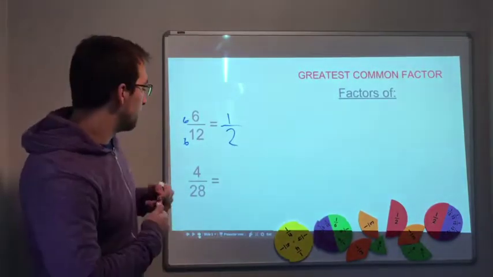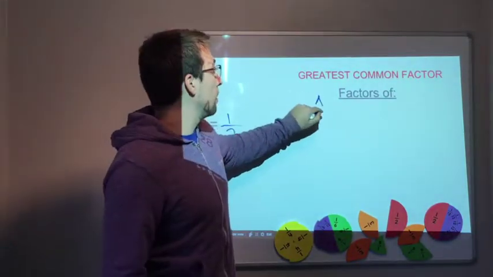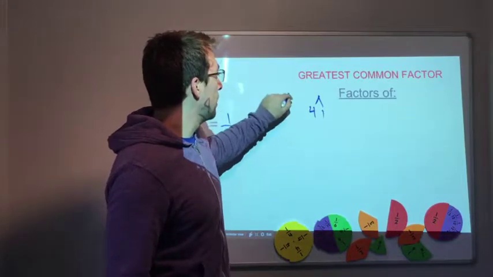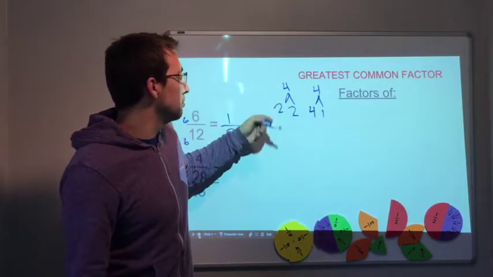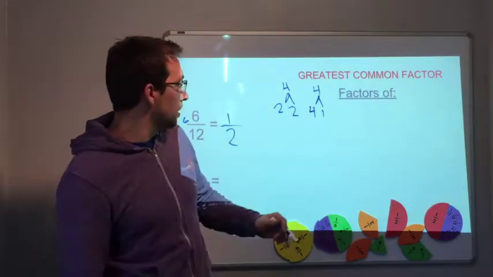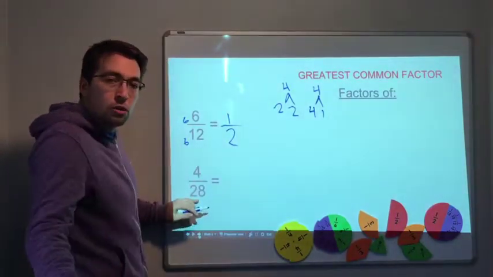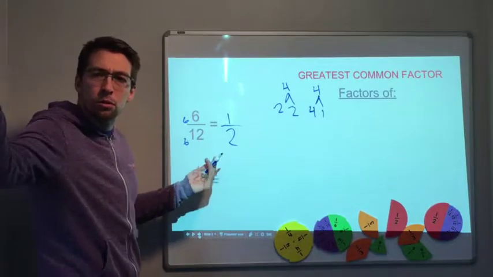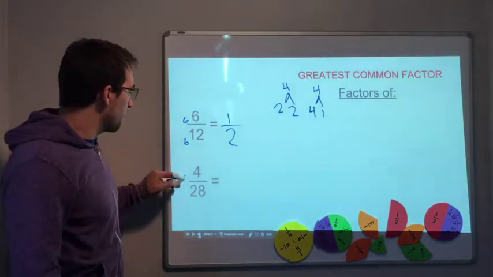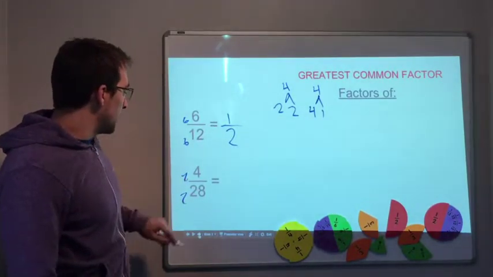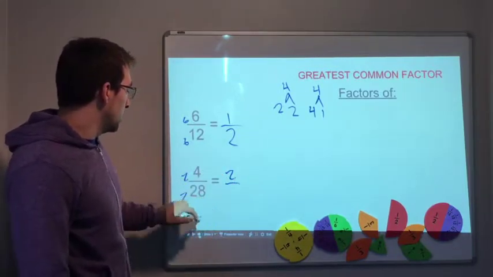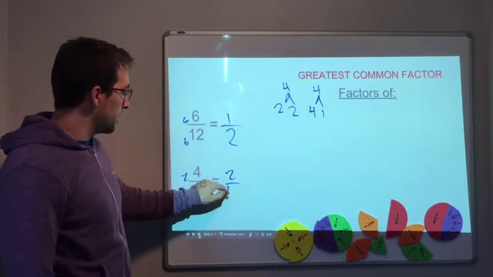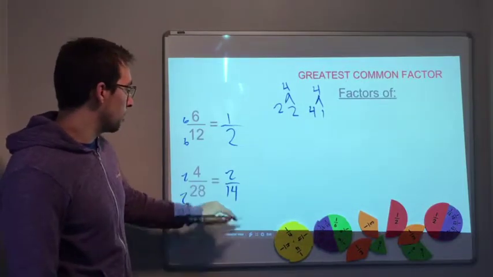4/28. Okay, so factors. 4 times 1. These are all factors of 4. And then 2 times 2. 28, oh look, it's even. So let's just start with dividing by 2, right? 4 divided by 2 is 2. 28 divided by 2 is 14.